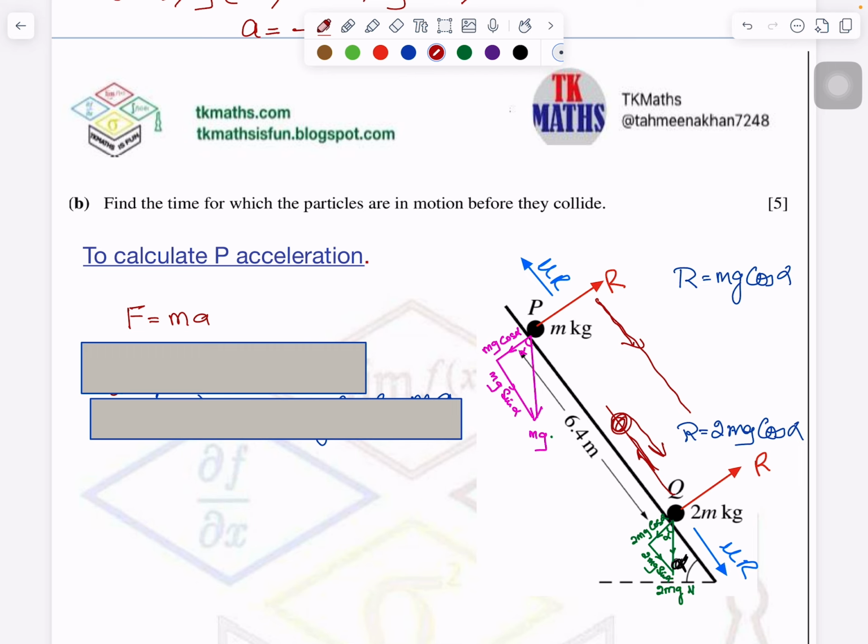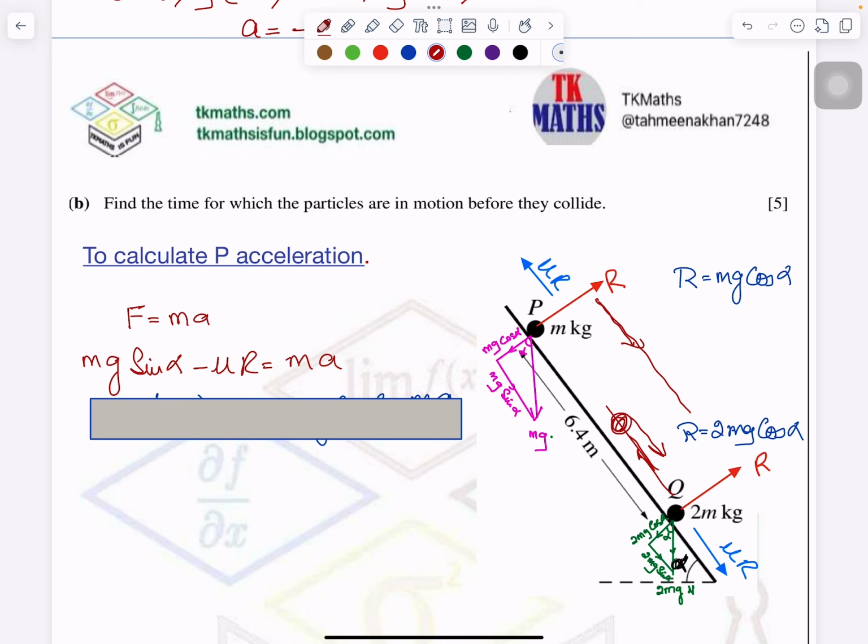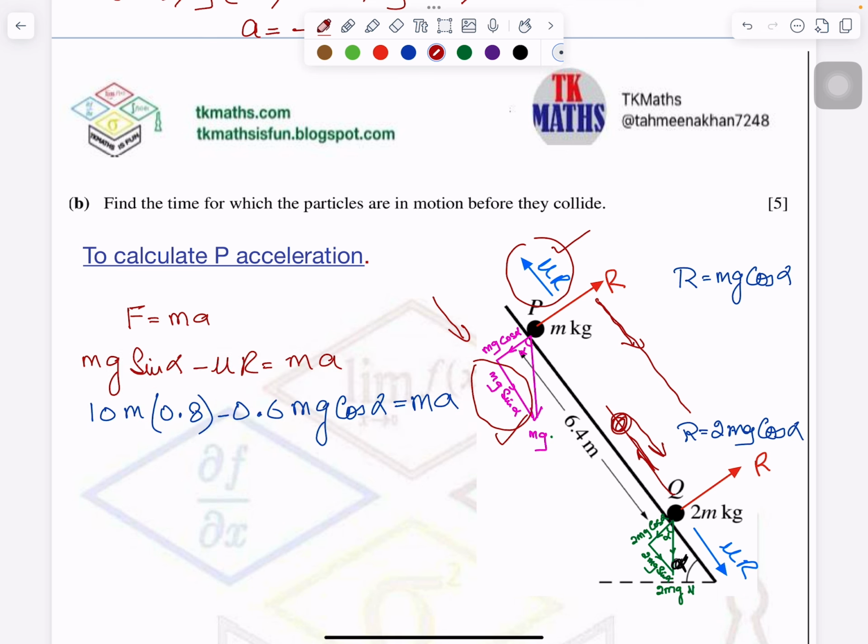So now, again using Newton's second law of motion, the way I have explained it to you, for P, the downward force along the ramp is mg sine alpha, and upward along the ramp is mu R, right? So that's why I've written mg sine alpha minus mu R, because the motion is happening downward. So this is more than this, is equal to ma. And then you will substitute the values and solve it.